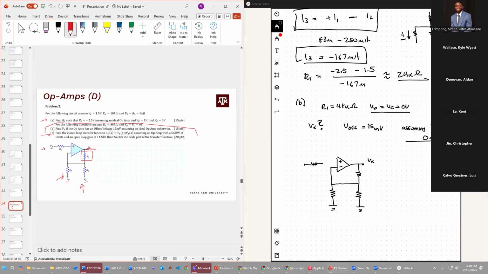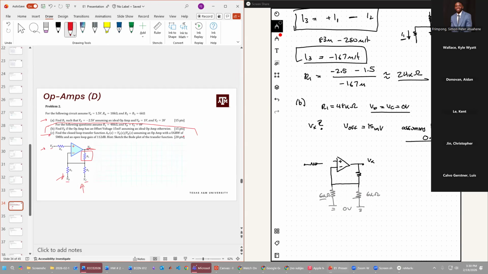Okay. So these voltages, this is just ground. R2 and R3 were 6 kilo ohms, like so. And now these are connected in parallel, so we can actually combine these resistors into a single resistor.